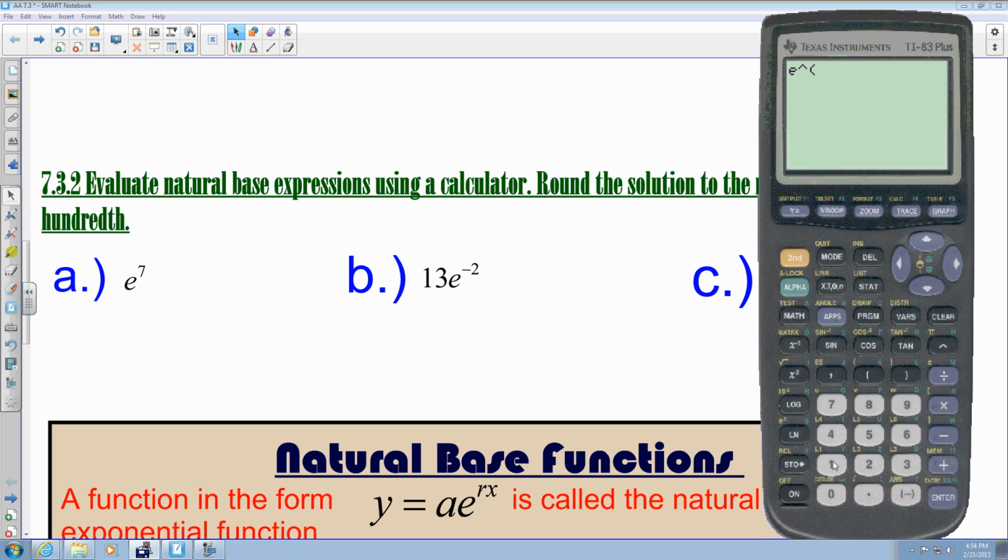If I were to go to the first power, I would get that 2.7 number. So if I'm looking for e to the 7th, I just type in the 7th and hit enter.